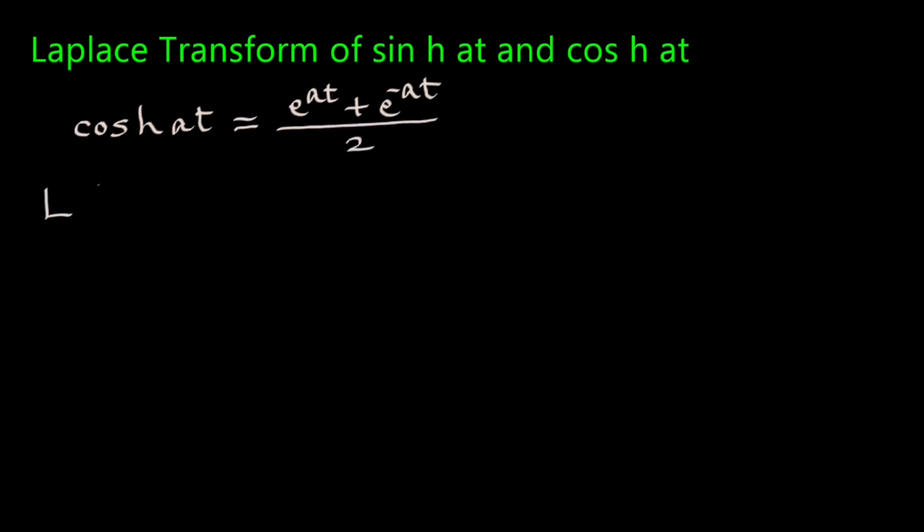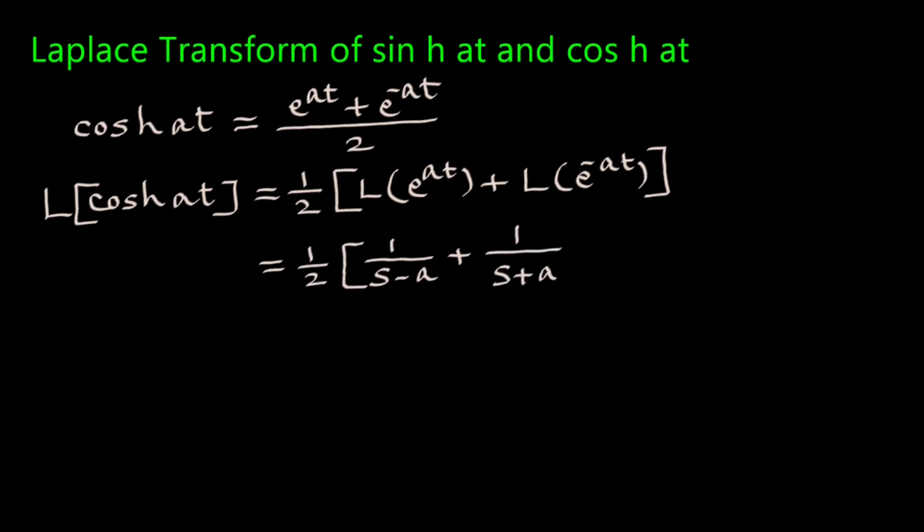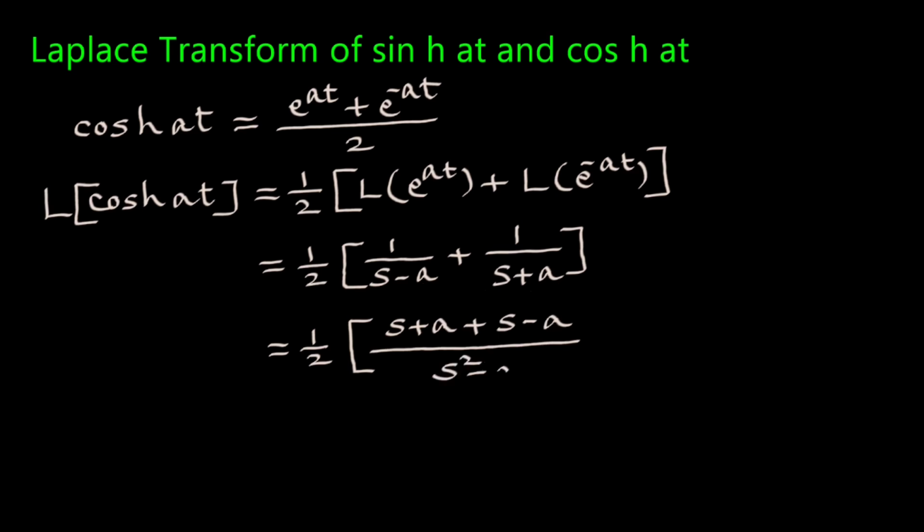So Laplace transform of cosh at will be half times Laplace transform of e raised to at plus Laplace transform of e raised to minus at, which is half into 1 upon s minus a plus 1 upon s plus a, half times (s plus a plus s minus a) upon (s minus a) into (s plus a), which will be s square minus a square, which is half into a minus a will be 0, into 2s upon s square minus a square.